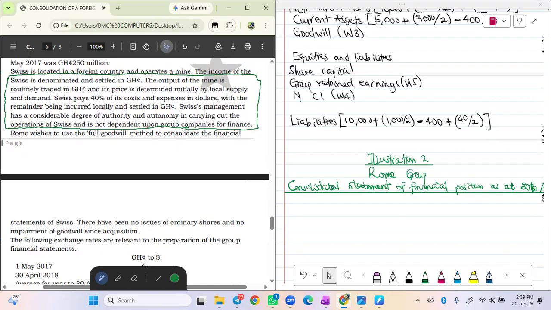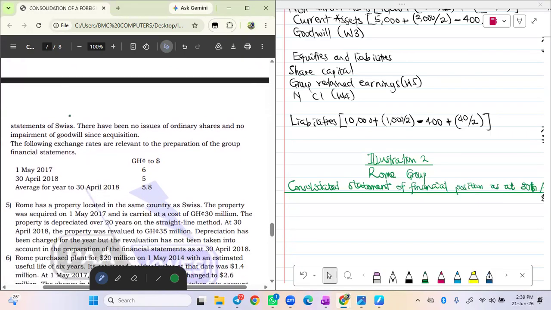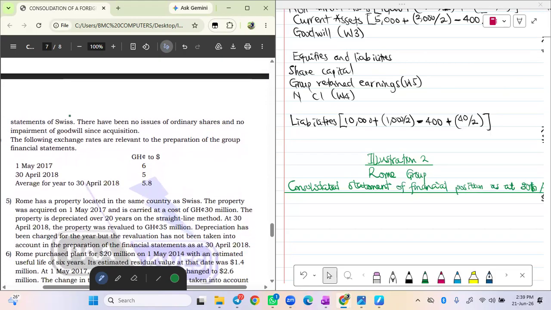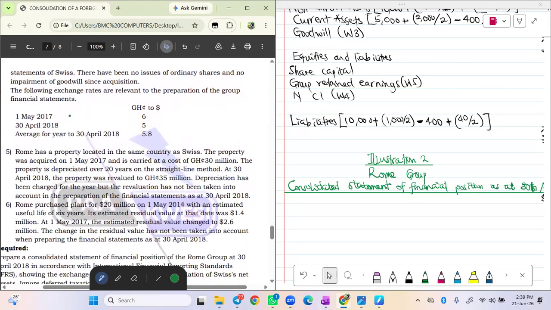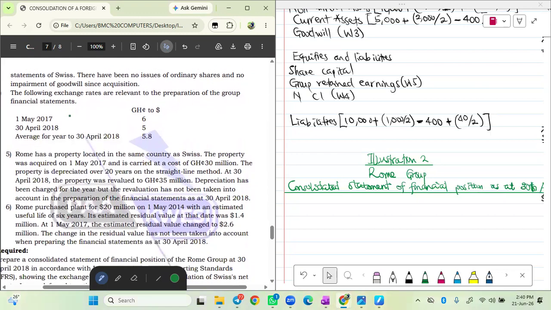Rome wishes to use the full goodwill method to consolidate the financial statements of Swiss. There have been no issues of ordinary shares and no impairment of goodwill since acquisition.